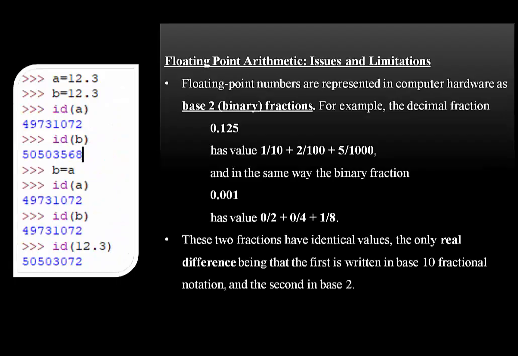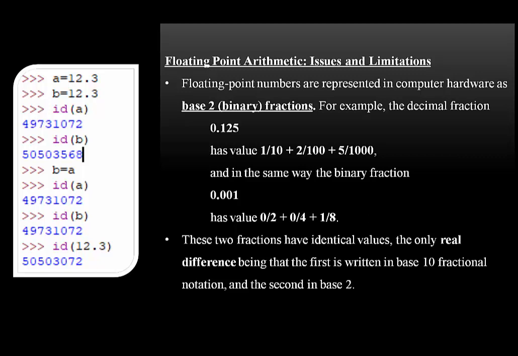Now what happens with floating point numbers? When you say A is equal to 12.3, B is equal to 12.3, you see the ID is different. ID of A is different, ID of B is different. But when you say B is equal to A, the ID is same.